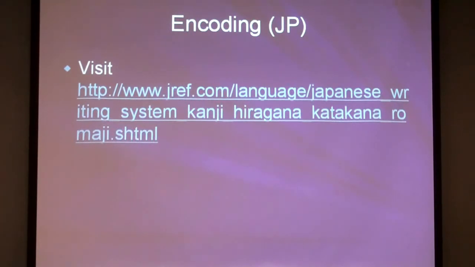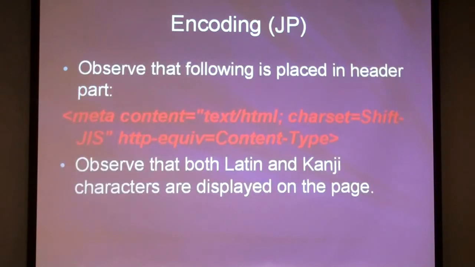Any questions? Okay, so this is working. This is possible because we have the character set specified as Shift JIS, which allows us to show all Japanese alphabets plus English text.